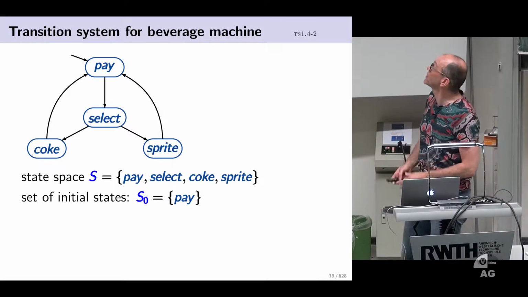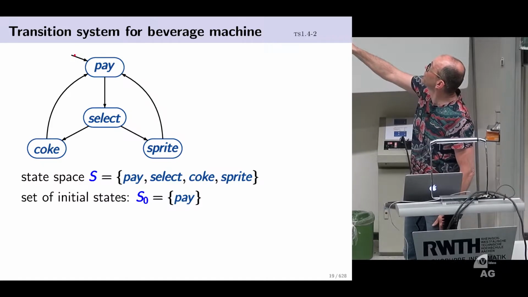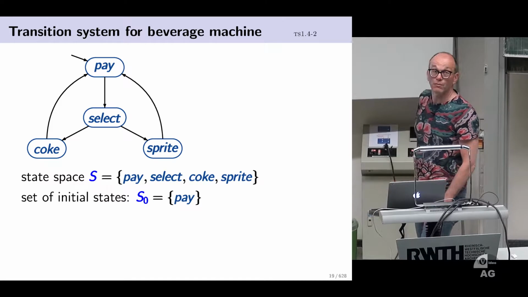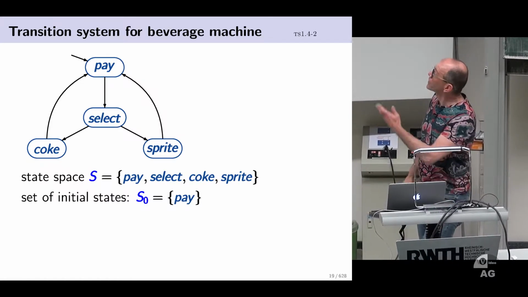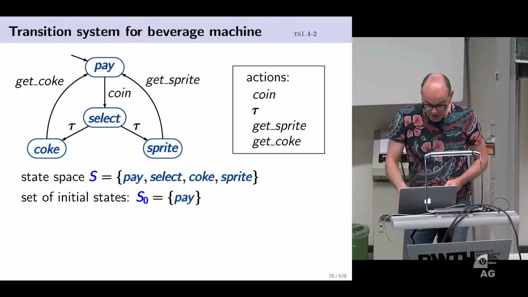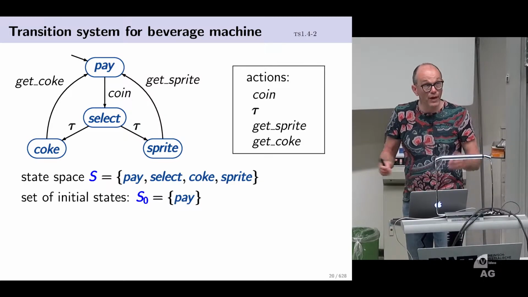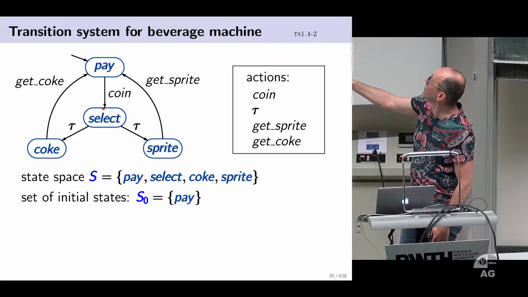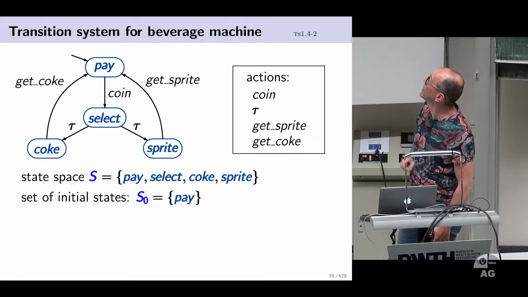We have some initial state. The initial state is pay because it has an incoming arrow basically coming from out of the blue, so to speak. So that's the initial state pay. Then maybe we have actions, so now we have enriched this with actions. So this could be the action coin. This could be the action get Coke. This is the action get Sprite, if we move from Sprite to pay.